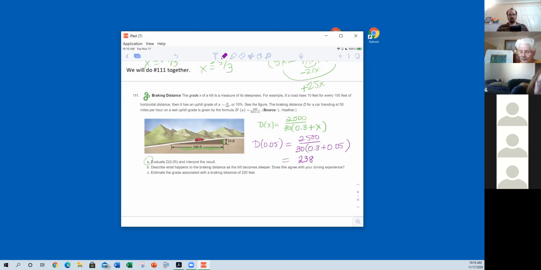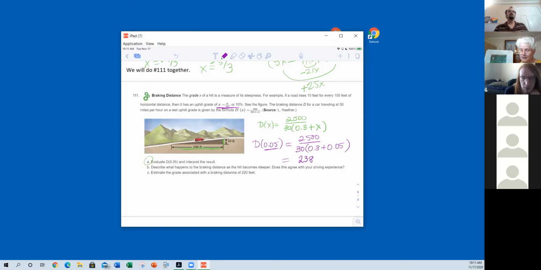What is the grade of the hill? Is it miles per hour? So they're telling you that x is the grade of the hill. So if 0.05 is our x, right? So what is the grade? What steepness is the hill as a percent? 5%.